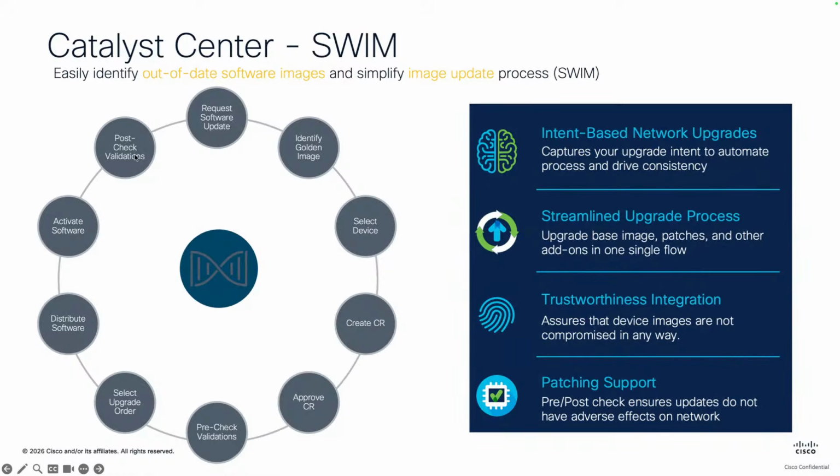This is fully automated by Catalyst Center and can help you upgrade as many devices as you need at the same time, or you can program the upgrades with this schedule tool that we have now in these latest versions.